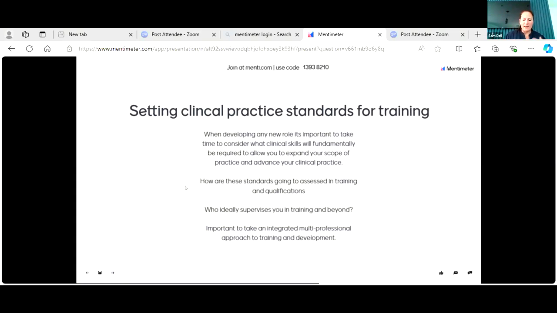You can see how the ACPs work through those medical conditions outside of pregnancy, which you can then utilize back in maternity when you're starting your role. So it's about looking at what those clinical practice standards are and how you're going to develop them when you start your own training.